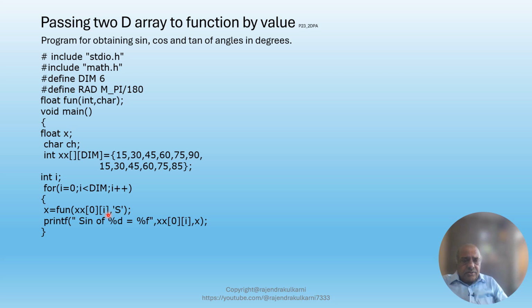So when i is 0, the xx[0][0] value will be passed to the function fun. Similarly, when i goes on incrementing, the next values will be passed to the function, and since we have to pass 6 values for these 6 angles expressed in degrees, we run this loop for i is equal to 0, i less than 6, i plus plus.